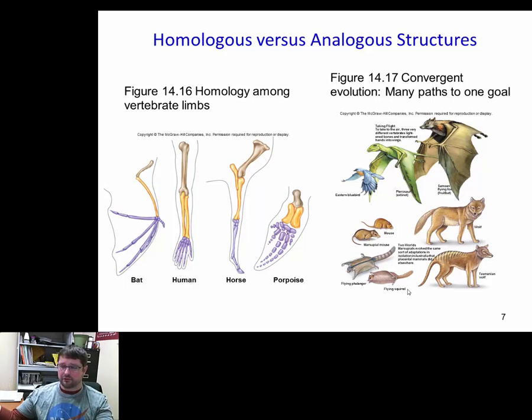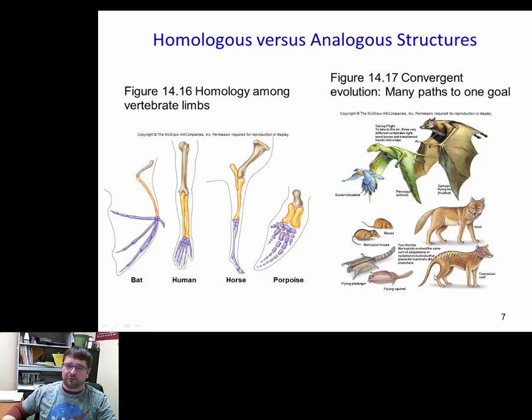Australia had broken off on its own, and placental mammals developed in Pangaea and Africa, away from Australia, and marsupial mammals developed on Australia. And yet we still see very similar examples. We have marsupial mice and placental mice. We have the flying phalanger, which is a marsupial, and the flying squirrel, which is placental.